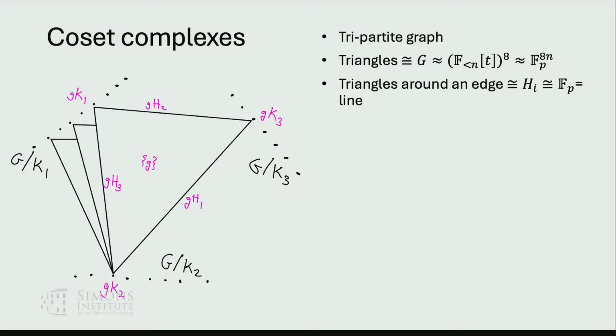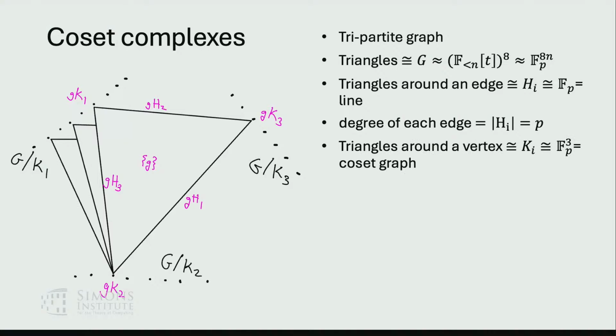If you look at the triangles that touch a specific edge, and you unravel what it means to be triangles that touch one specific edge, you will see that these triangles all sit on some coset of H1, for example, which is this abelian group. So it exactly maps into a line. Okay, so the number of triangles touching an edge is P, so that's already a hint. But not only is it P triangles, it's actually points on a line.